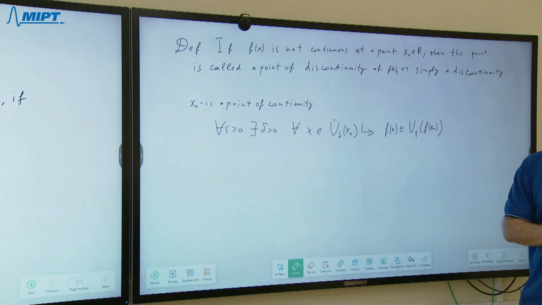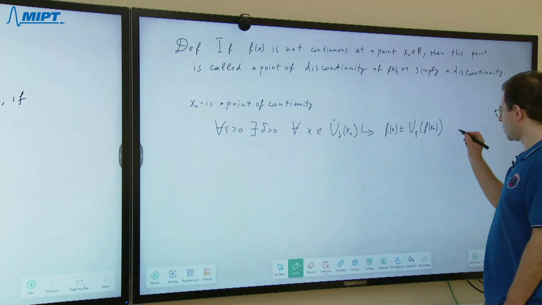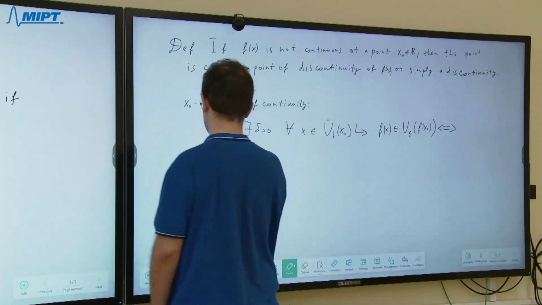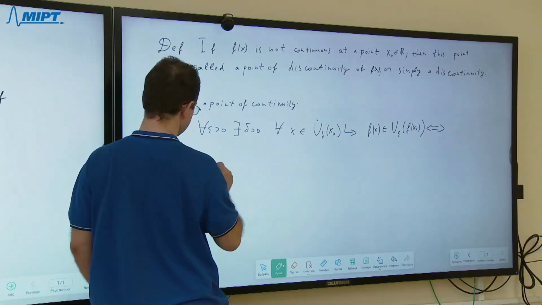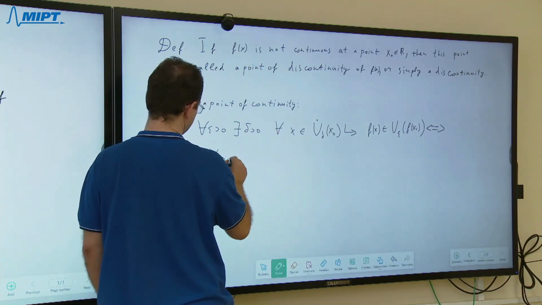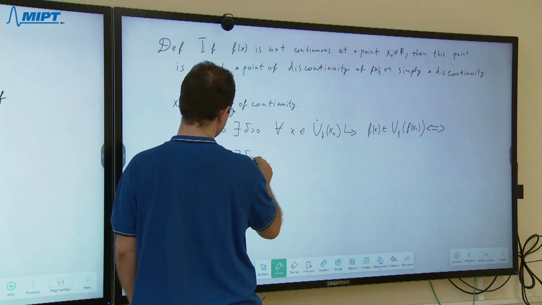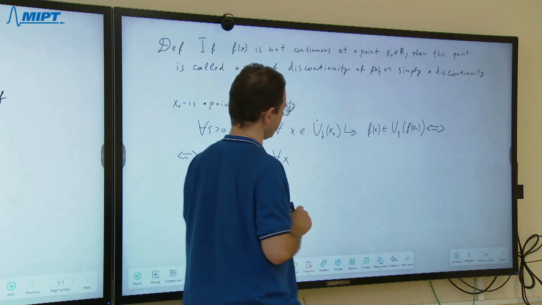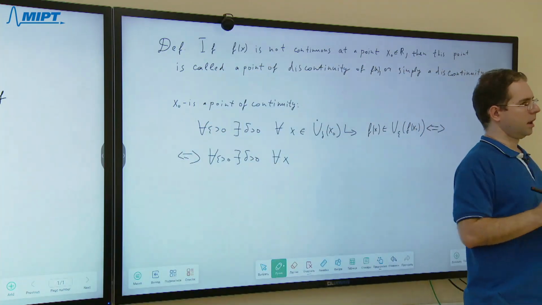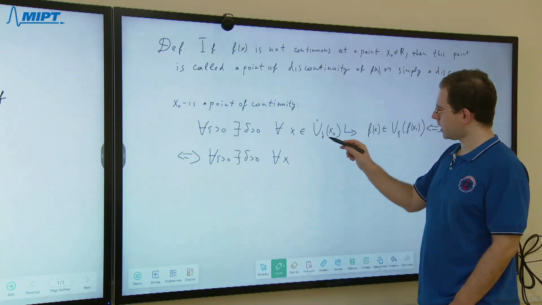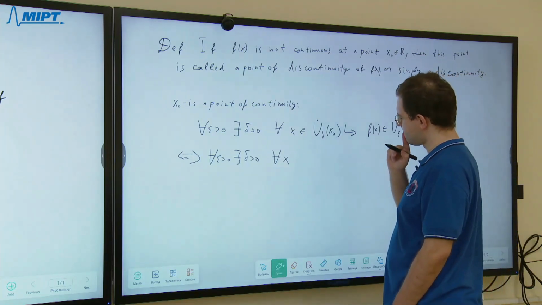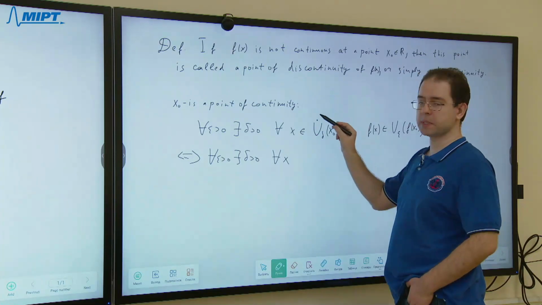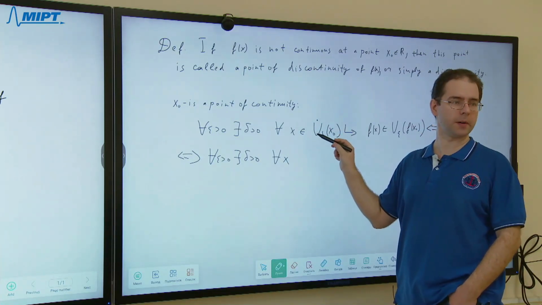Specifically for this case, we can write it a bit differently. This is exactly the same statement as for any epsilon there exists delta, such that for any x, look, here it says that x should be from deleted neighborhood of x0.